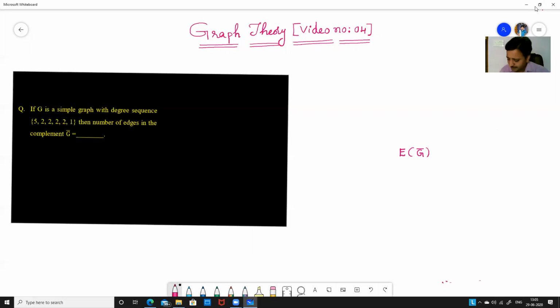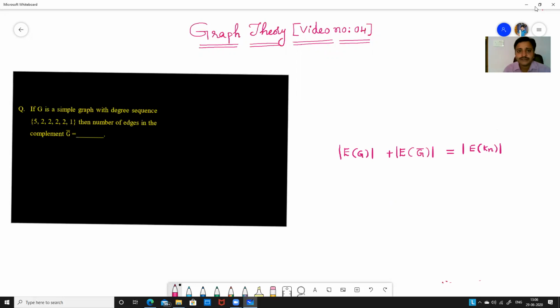But we know the relation between the number of edges in G bar and the number of edges in G. The number of edges in G plus the number of edges in G bar must be equal to the total number of edges in a complete graph with n vertices. Okay. So they clearly mention that the degree sequence is 5, 2, 2, 2, 1.